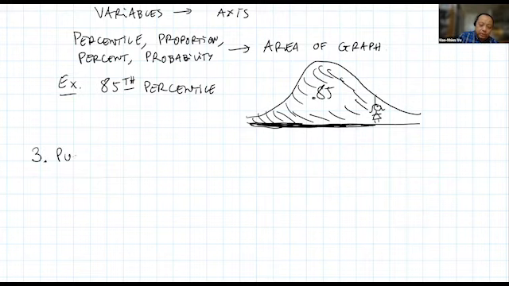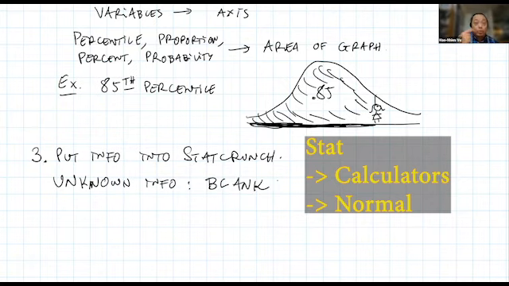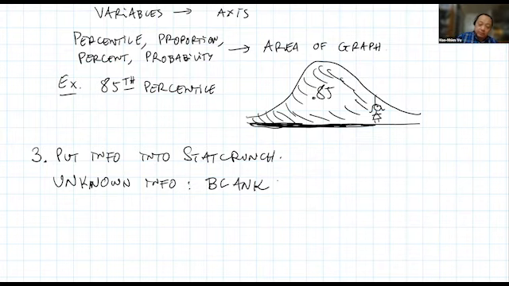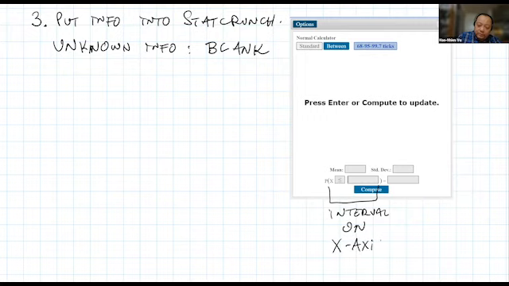And part 3 is you put the info into StatCrunch. The unknown info, leave it blank. And when you click compute, StatCrunch will fill in the blank. And the way you fill it in is the interval on the x-axis goes inside the parentheses, and the area goes into that box. One of the two blanks will be unavailable to you.